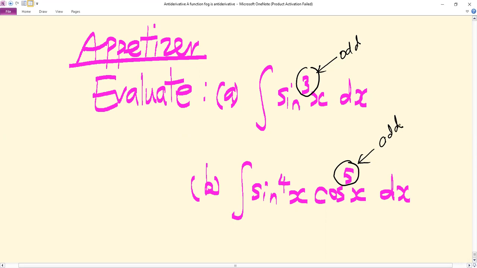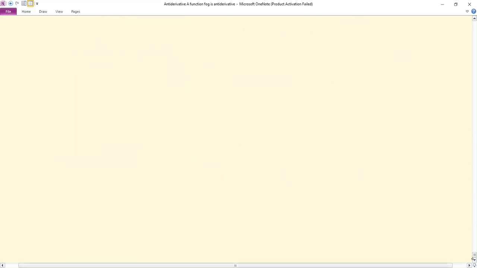So what we do, we break these odd powers in terms of an odd power, and then we multiply by an even power, and then we use the identity cos squared x plus sine squared x equals 1 to rewrite the new integral. So let's demonstrate one by one.